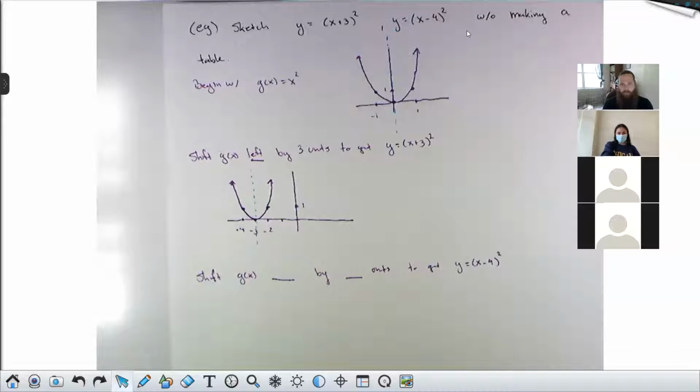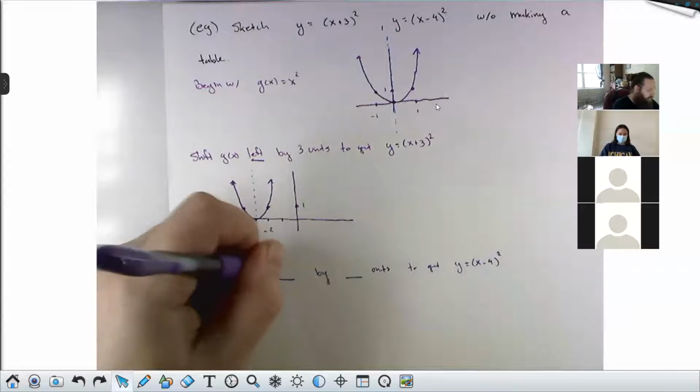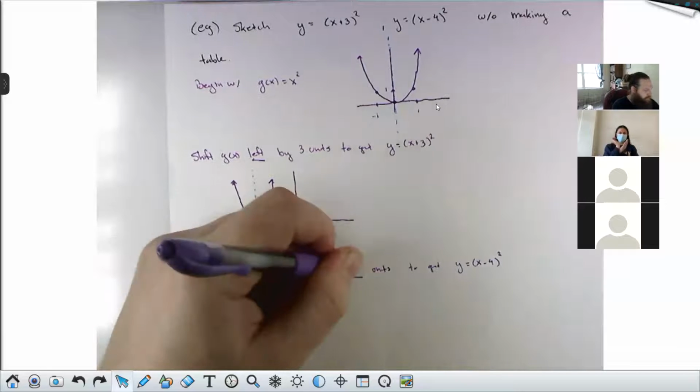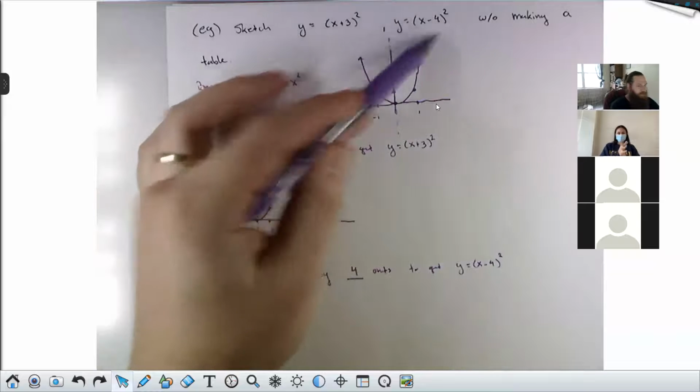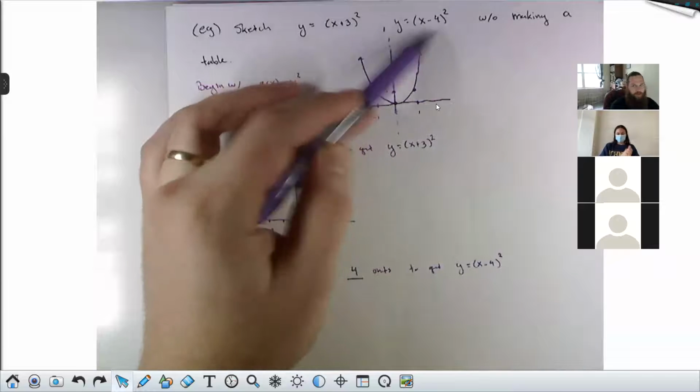Move it to the right by 4. Very good. We're going to move every single point on the graph of x squared to the right by 4 units. That's because in order to get 0 out of this, x would have to be 4.